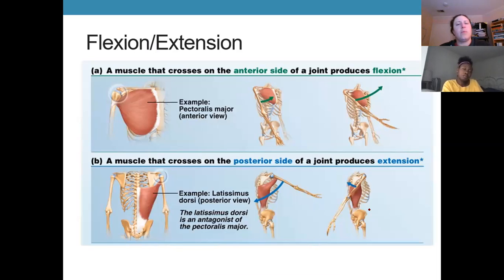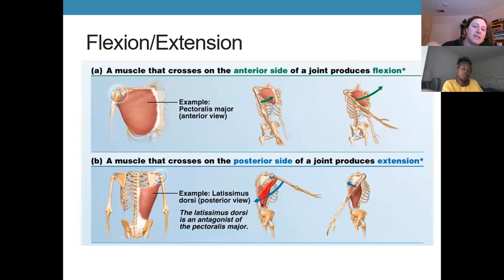For example, because flexion and extension occur in the sagittal plane, so you're either moving anteriorly or posteriorly, muscles that cross the anterior side of the joint usually produce flexion, although there are some exceptions, and muscles that cross the posterior side of the joint usually produce extension.